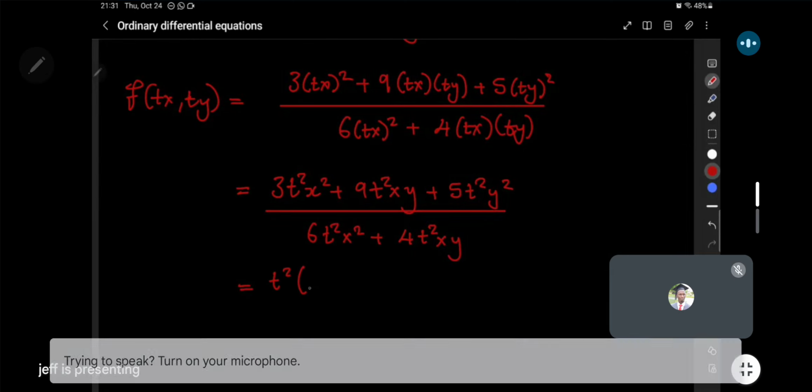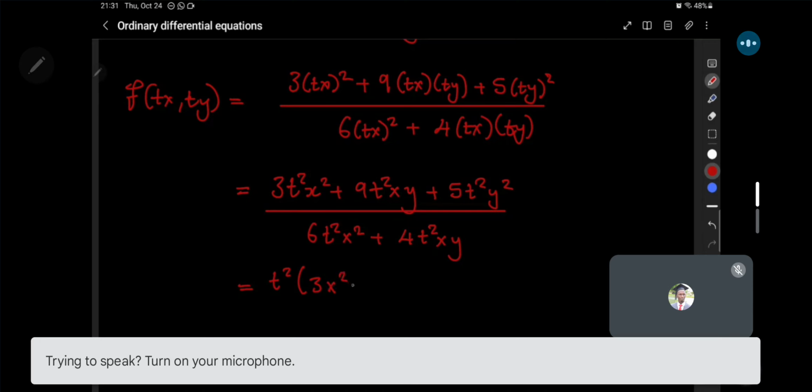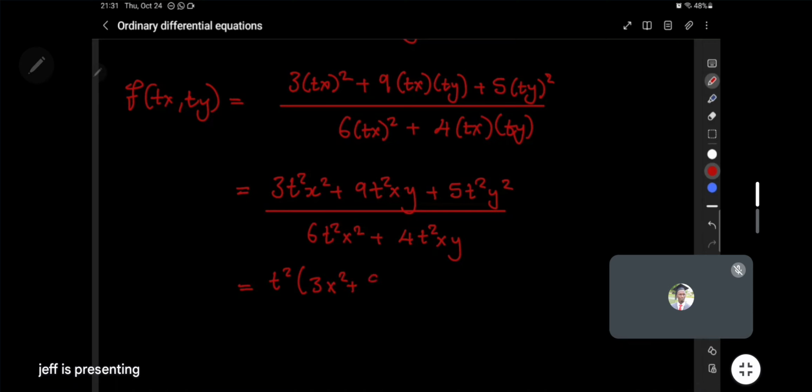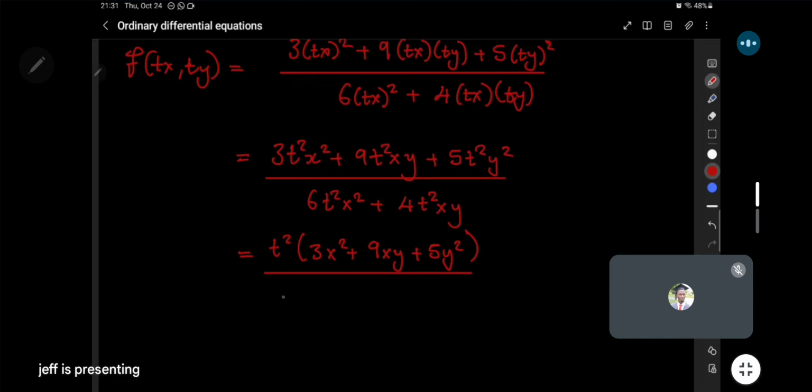If you did that, you remain with 3x squared plus 9xy plus 5y squared. We can do the same thing in the denominator. T squared is present. Now we have 6x squared plus 4xy.